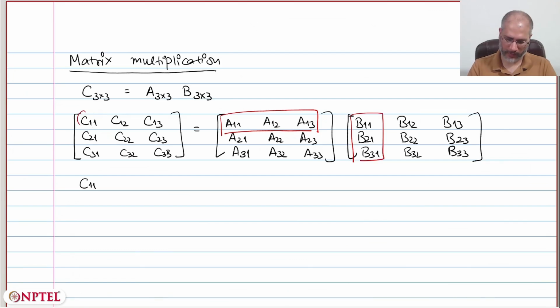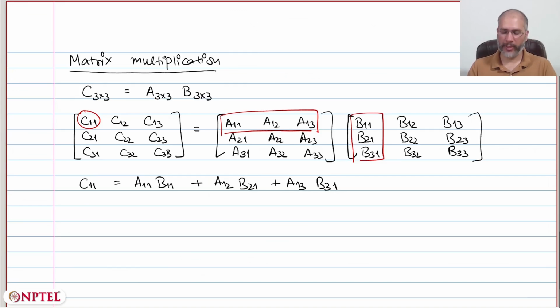Let's use the same color. So I can write C11 as A11 B11 plus A12 B21 plus A13 B31. Now using our indicial notation, this can be written as the sum over k going from 1 to 3 of A1k Bk1.